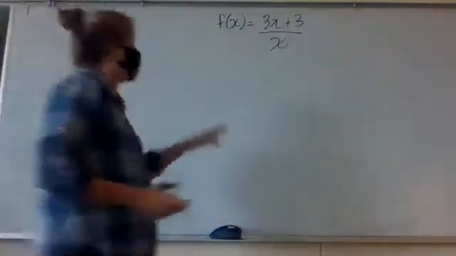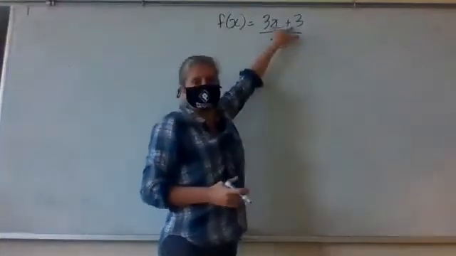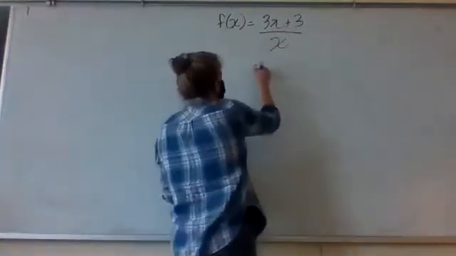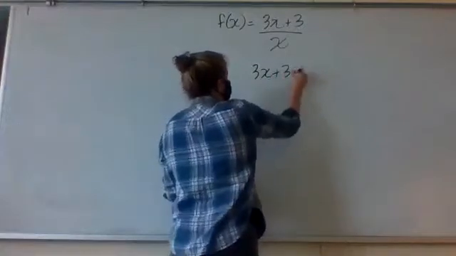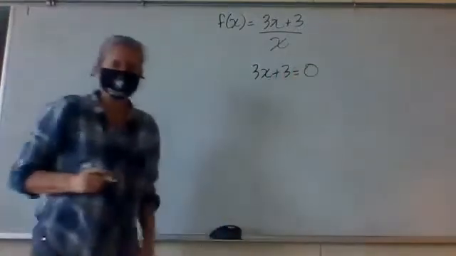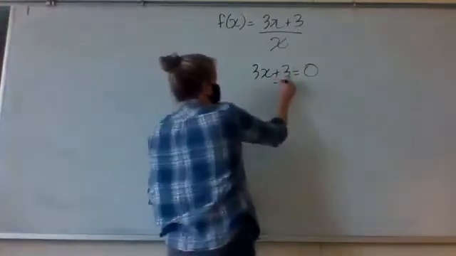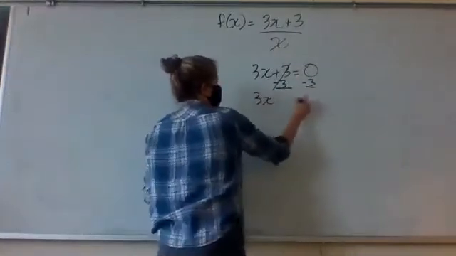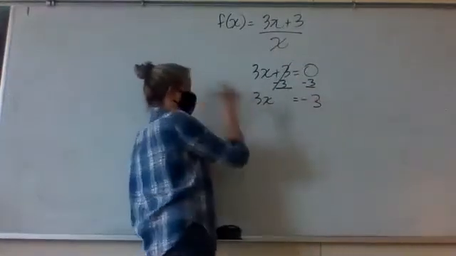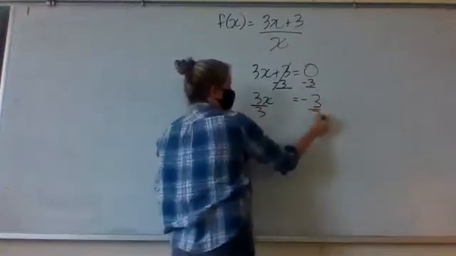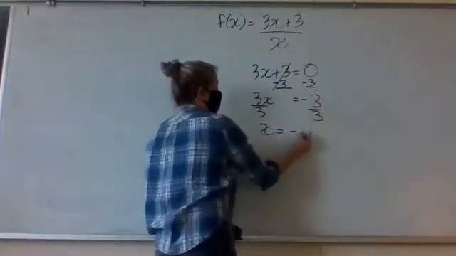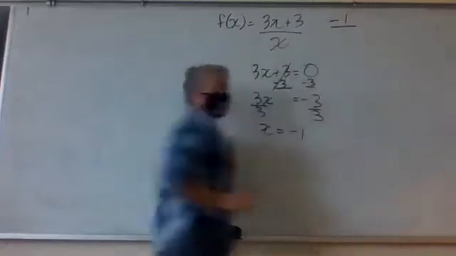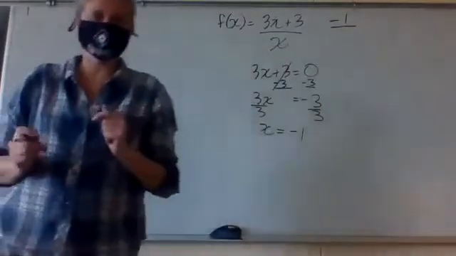To find the zeros, all you have to do is set this equal to 0. So 3x plus 3 equals 0. Solve it for x, which means subtract the 3. So 3x equals -3. Divide by 3. Get x equals -1, which means the zero of the numerator is -1.